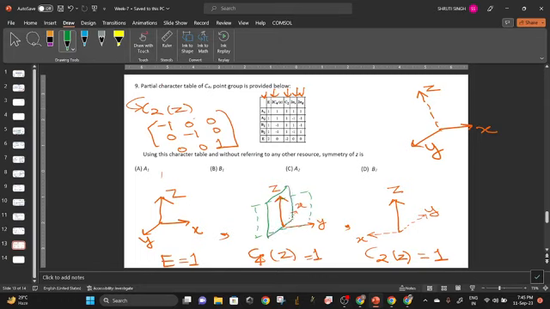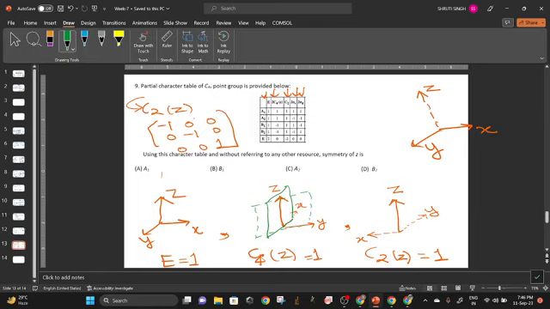There will be two, one along the x direction and one along the y direction, so the planes will be xz and yz.